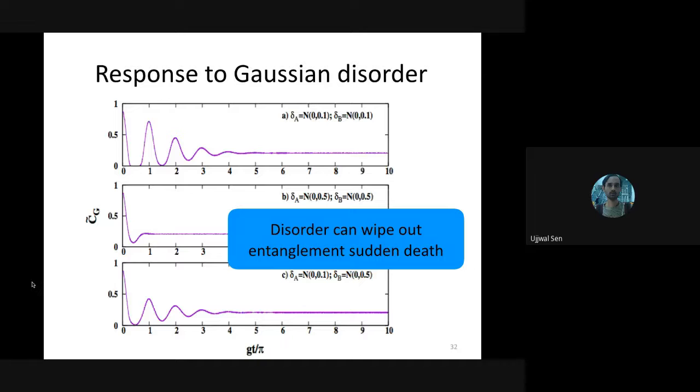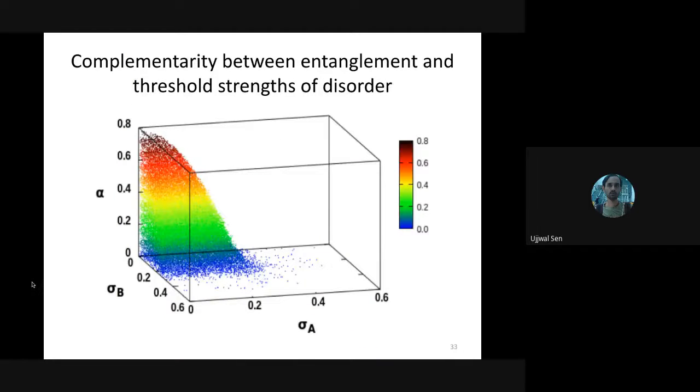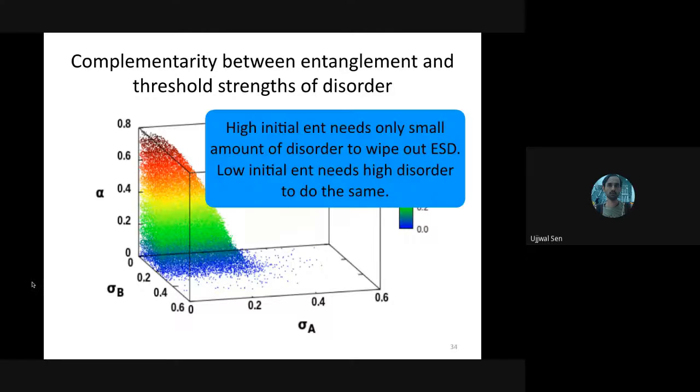The phenomenon goes away once you put disorder into the system. So there is a certain complementarity between entanglement and the threshold strengths of the disorder. Let me not discuss this because I'm short of time. There is some sort of complementarity between entanglement and disorder strengths.